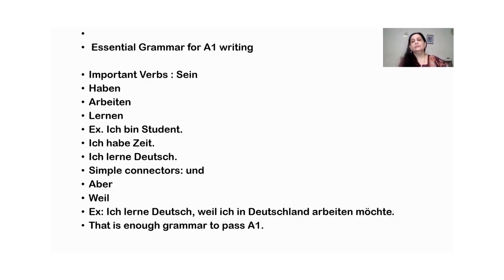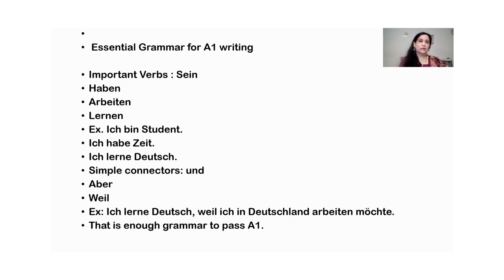Then you will get to know the essential German grammar needed for Goethe A1. Right, so first we'll see a few important verbs. So what are they? Sein is to be. Haben is to have.